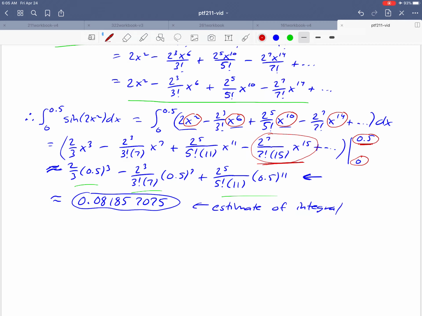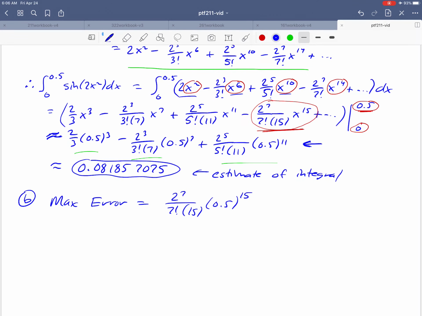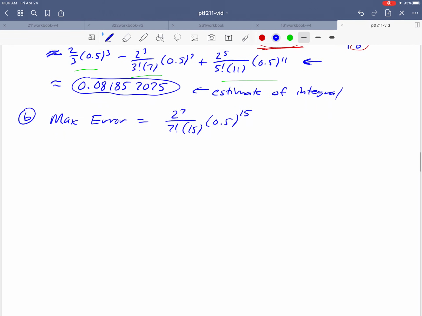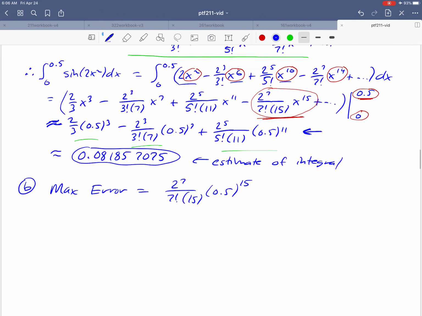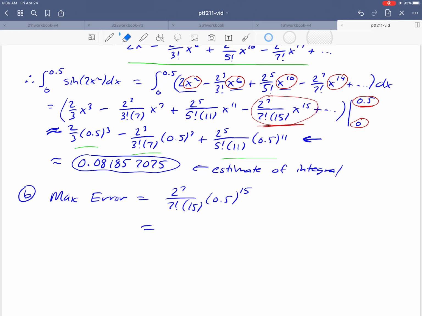Moving down to part B then, the maximum error is going to be that 4th term that we just circled. We just need to calculate that and see what we get for a numerical value. Again, that's a job for your calculator, so I'm just going to show you what I get.